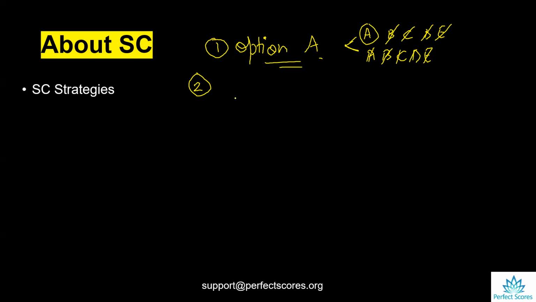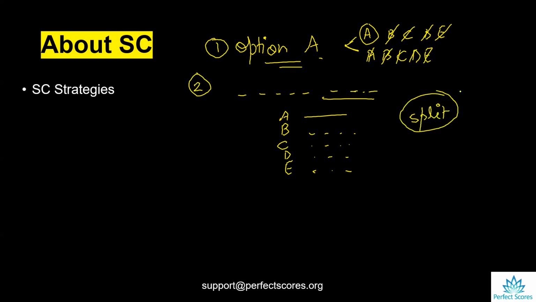So that was about option A. And another very, very important strategy that will save you a lot of time is this. Let's say this is a sentence and this portion of it is underlined and you have A, B, C, D, E. Option A has exactly the same text, and then you have options B, C, D, and E. There's something called a split in options, and this is something that will save a lot of time.